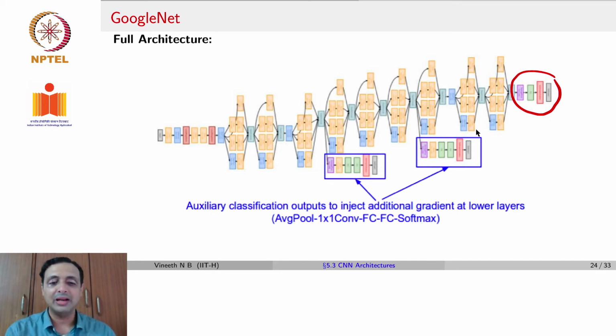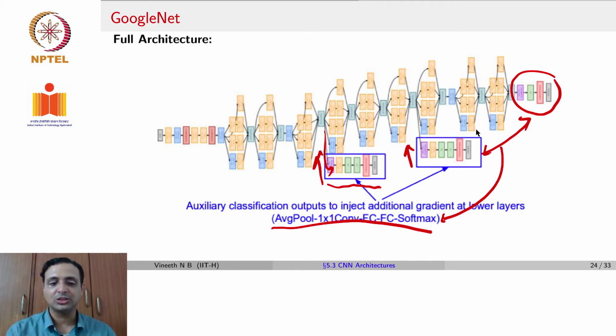So they also had intermediate classification outputs where they took the output of a particular layer, had a bunch of classification layers which had a loss, and that loss's gradient was also backpropagated at these locations to improve the strength of the gradient to earlier layers for weight update. As you can see, the classification layer, both here and here, all of them had a structure of average pool, 1 cross 1 convolution, FC, FC, softmax.